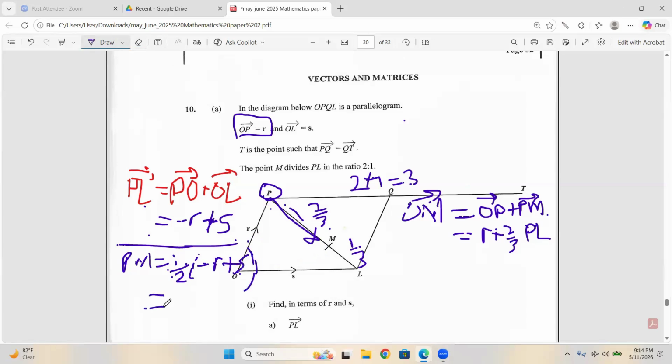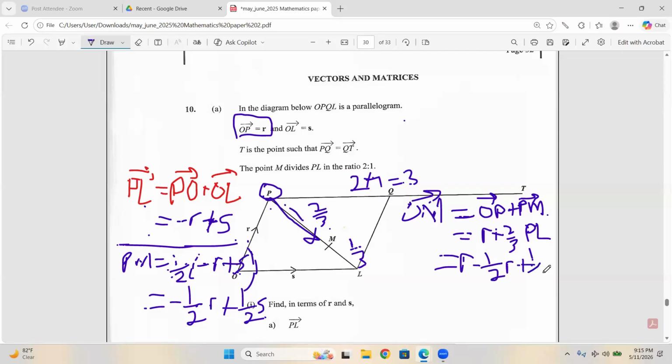Half of negative R is negative a half R. Half of positive S is positive a half S. There's nothing much we could do here. So the next thing I'll put is R minus a half R add a half S.